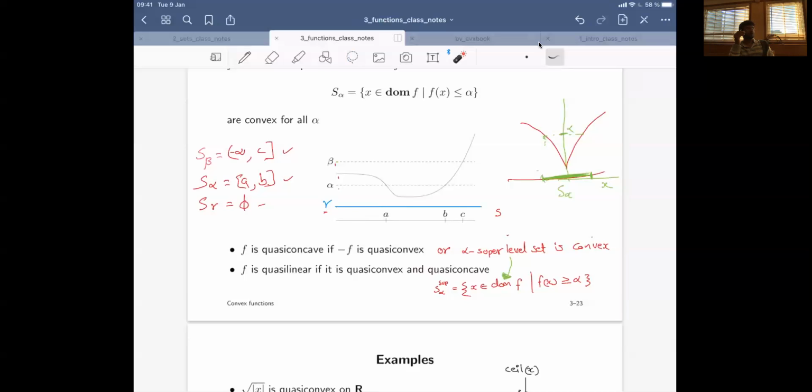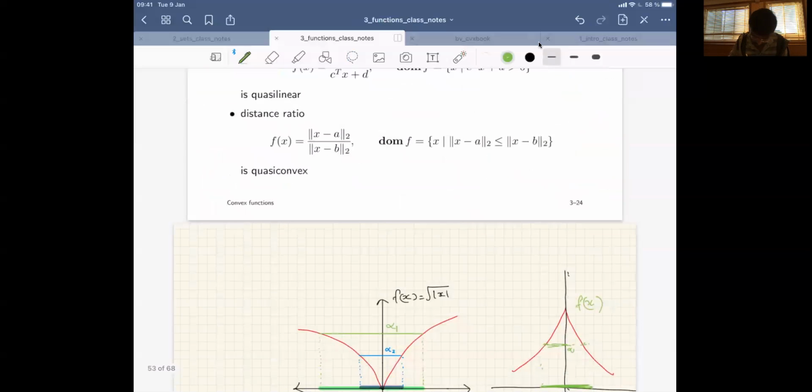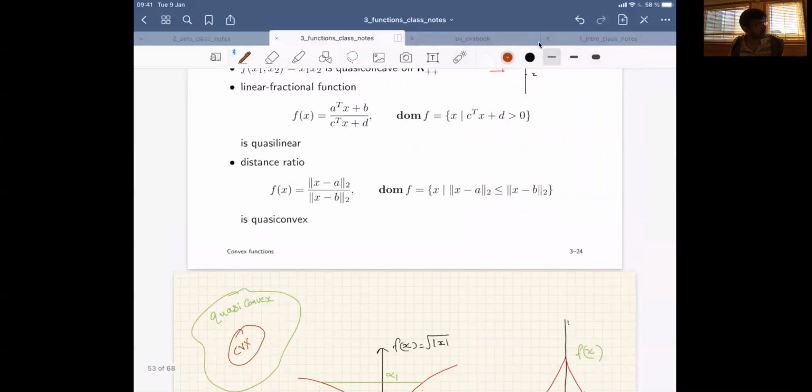One thing is this class is more general. A convex function is more strict. So you have a class of quasi-convex functions, which is more relaxed, and the class of convex functions is inside this.